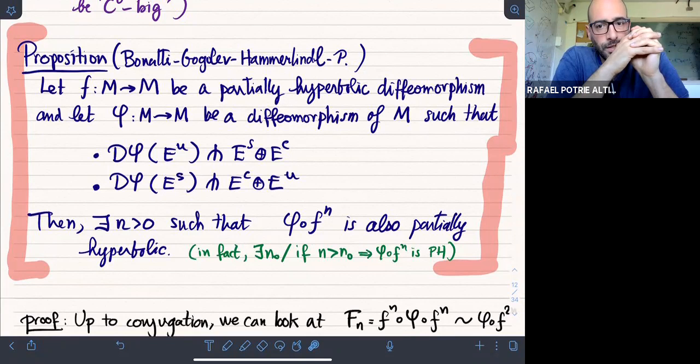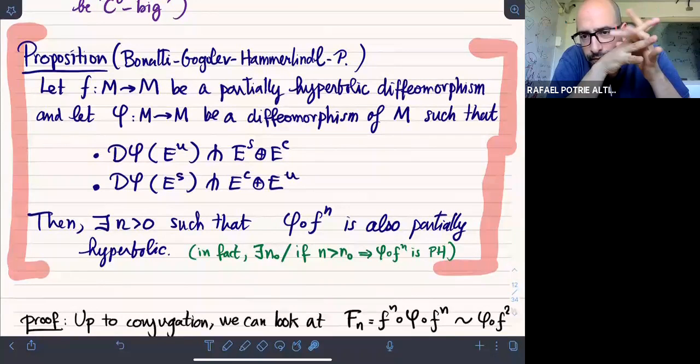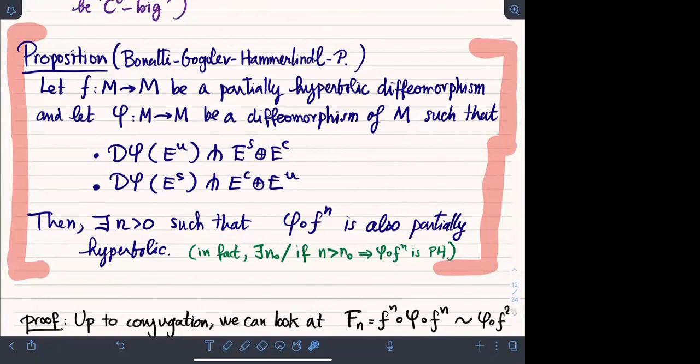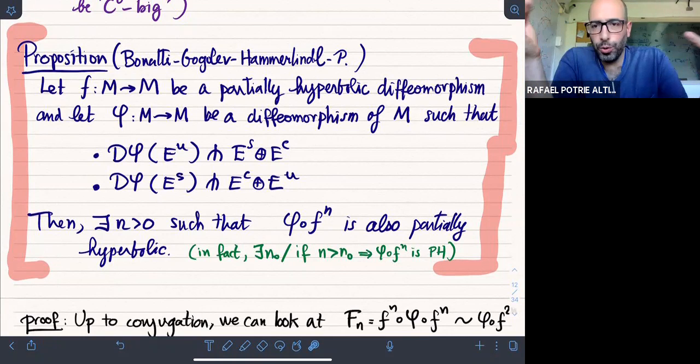Thank you. I have a question. If you start with another metric close enough to the original metric, then you will have two partially hyperbolic diffeomorphisms. Are they conjugated or not? No, conjugate, no, but we will discuss some notion of equivalence.